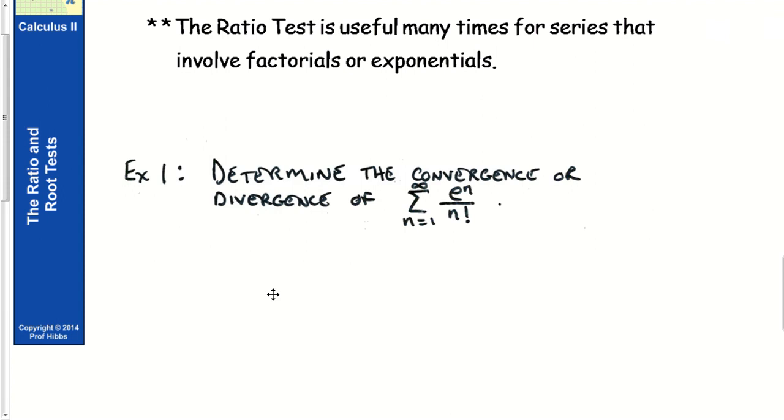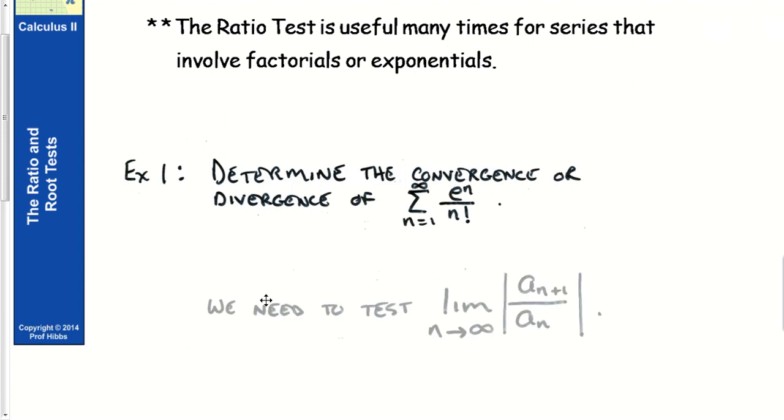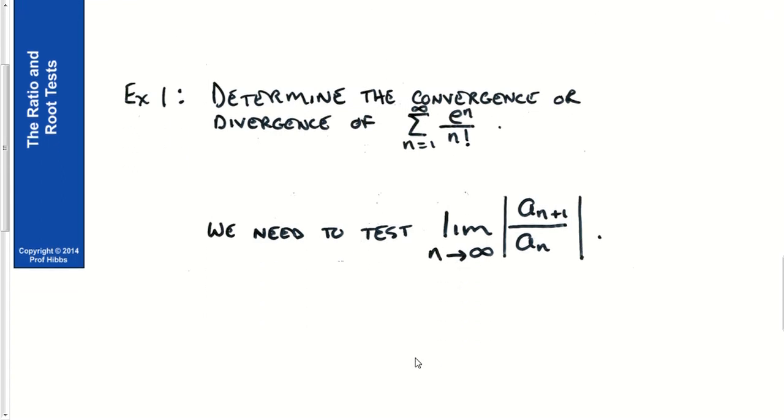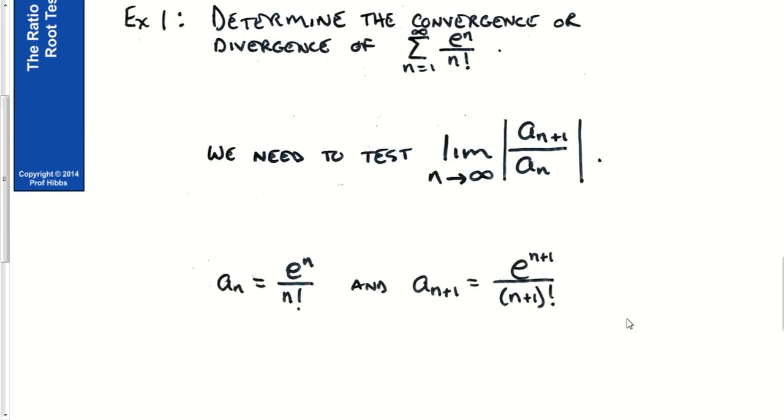So what do we need to do to use the ratio test? Well, we need to calculate the limit of the absolute value of the fraction made by taking the n plus first term and dividing by the nth term. So we've got to do some calculations here, and sometimes this is pretty heavily involved in terms of algebra manipulation.